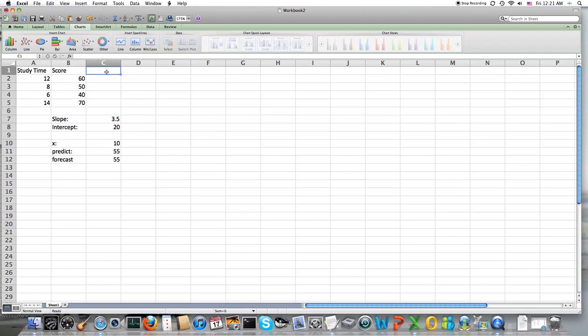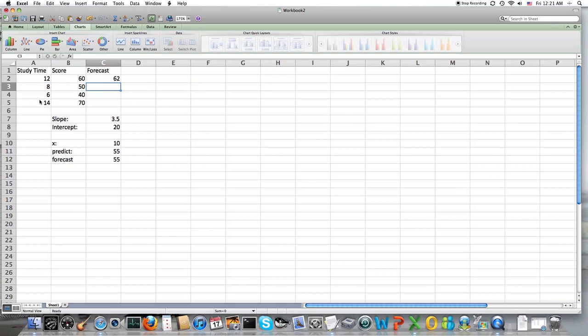So what I want to enter in here is, given the x's that we have, instead of the y's that we actually got, what would our model forecast for them? So what I'm going to do is say, okay, this is going to equal forecast again. But I'm going to enter in an x, one of the x's we actually have. And then the y's and the x's.